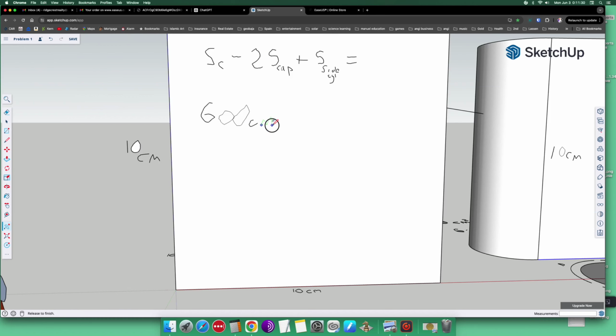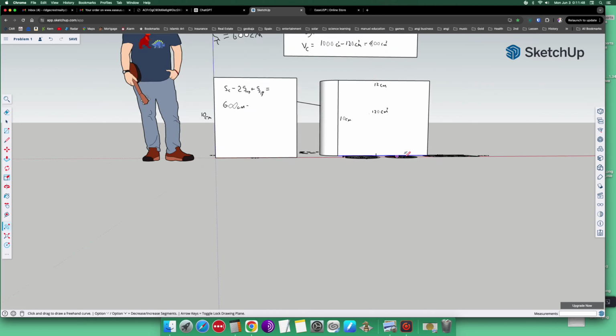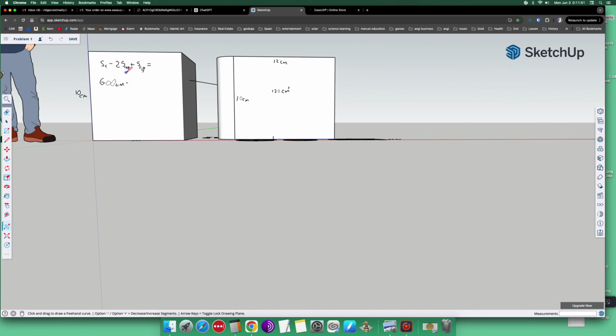Minus 2 times the caps. Remember, 1 cap was equal to 12 centimeters squared.